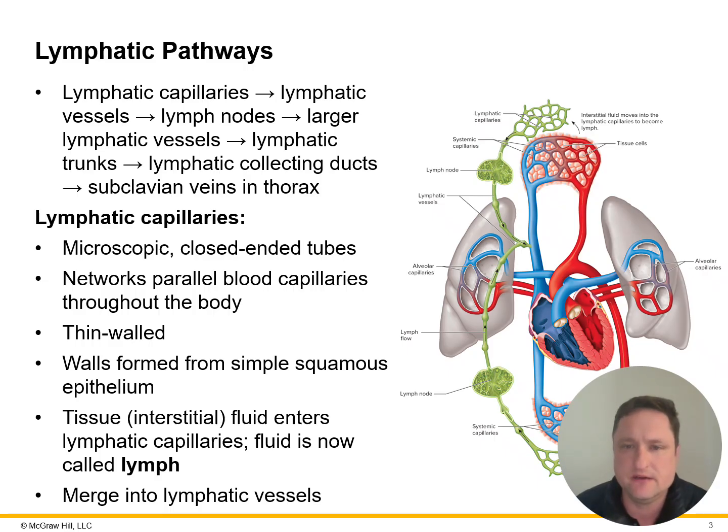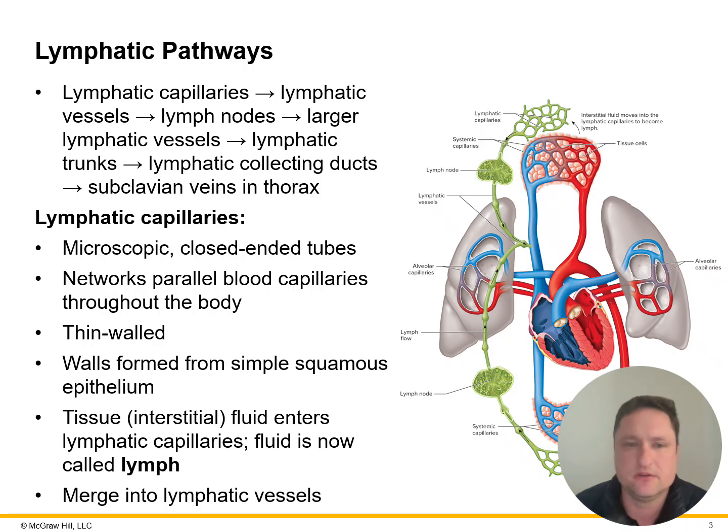From here, lymph flows into progressively larger lymphatic vessels. And these resemble veins but have thinner walls and valves to keep lymph moving in one direction. These vessels deliver lymph to lymph nodes where it is filtered and surveyed.